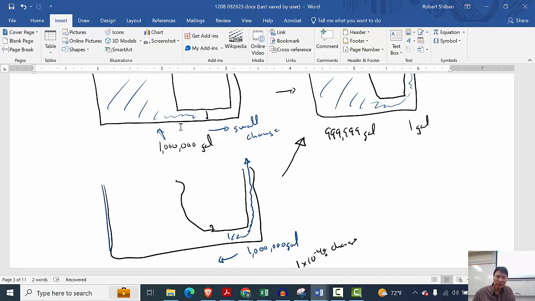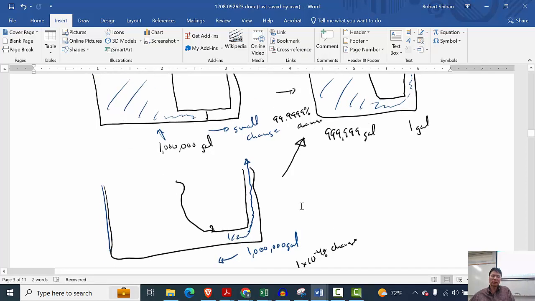Up here, this was a 99.9999% change. So in this case, your calculator will have no problem. You know, we could have done it either way. We could have done the, oops, this is a small change. It's backwards, right? Sorry.